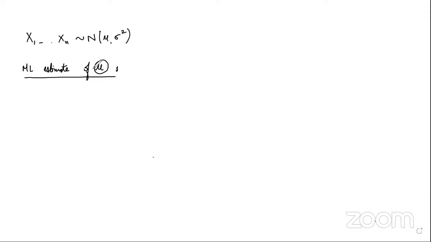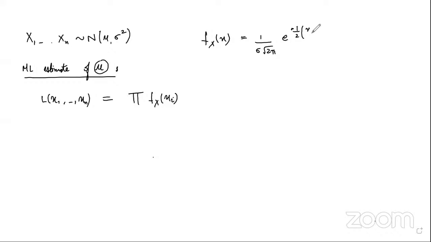To find the ML estimate of the parameter mu, first you need to find the likelihood function, right? So it becomes L of x1 up to xn, which is equal to the product of fx of xi's. Now, what is fx of x? When x is coming from a normal distribution, it is 1 upon sigma under root 2 pi e to the power minus 1 upon 2 times (x minus mu upon sigma) whole square.